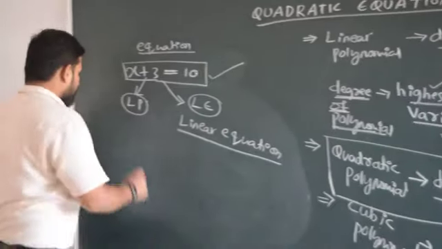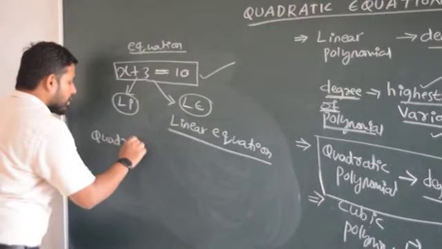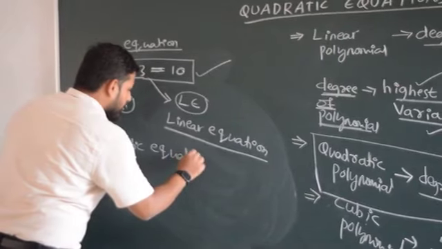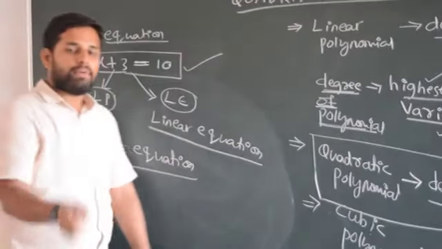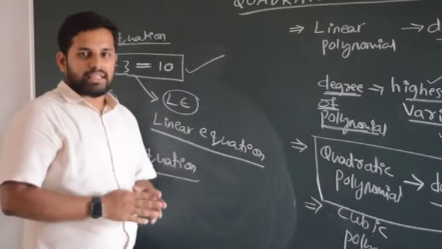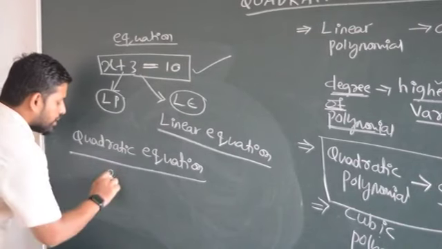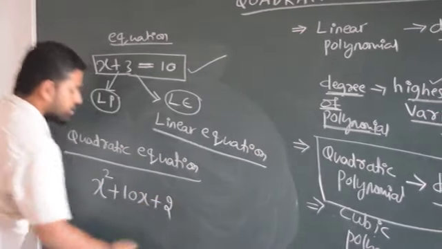Now what do you mean by quadratic equation? Quadratic equation means I should have one quadratic polynomial equal to something. Then only it is called a quadratic equation. For example, degree should be 2, so x square plus 10x plus 2.